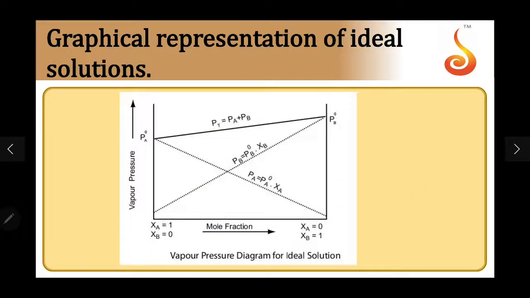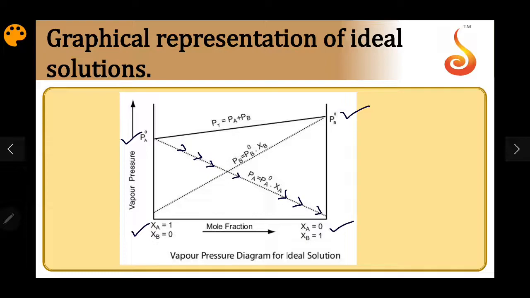The graphical representation of ideal solutions. Here, this is XA equal to 1 and XB equal to 0. This is XA equal to 0, XB equal to 1. So this is P naught B, this is P naught A. If the mole fraction of A changes from 1 to 0, the curve goes on decreasing like this, a straight line, and finally meets 0.